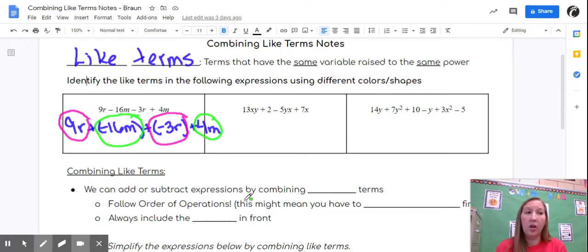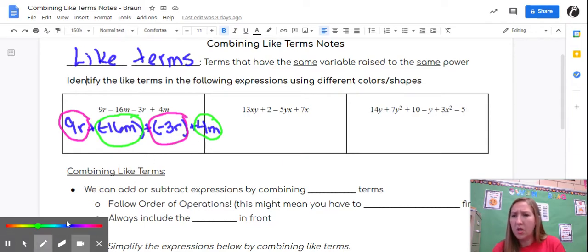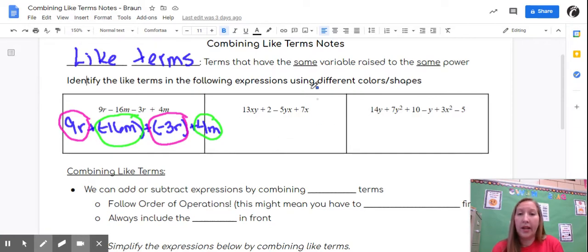All right, now I could also go through and rewrite this using different symbols. So instead of using my different colors here, I can look for my like terms in this expression here. We have 13xy plus 2 minus 5yx plus 7x. So I'm going to look for my like terms.